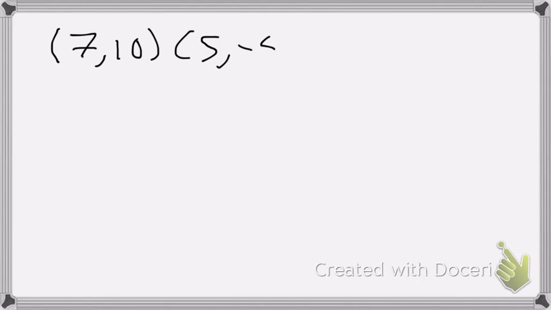What I want to do next is write down the actual points. Okay, so the points they give me are, again, 7, 10, 5, -8. And I want you to remember that what we're looking for are the midpoints.